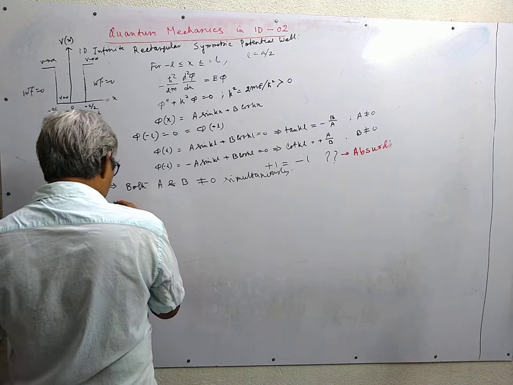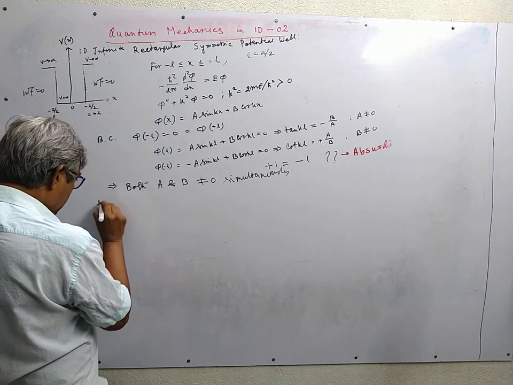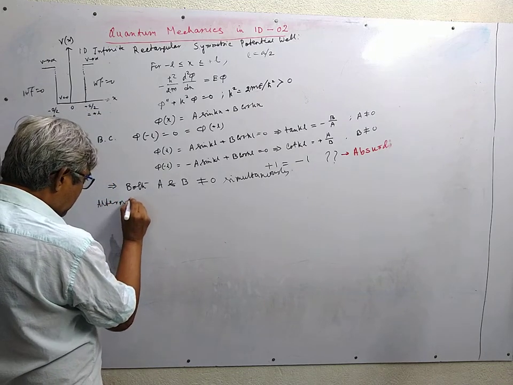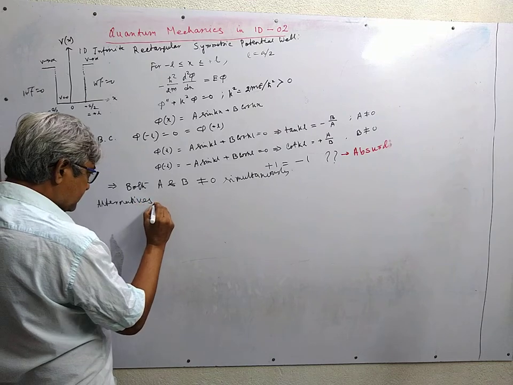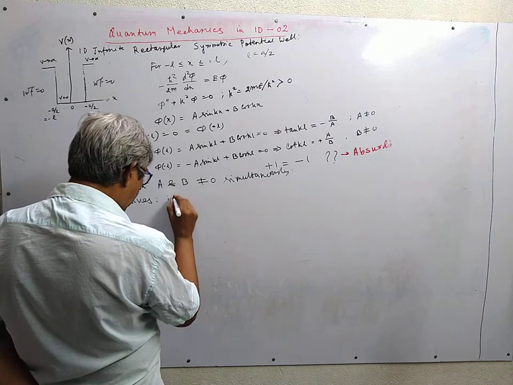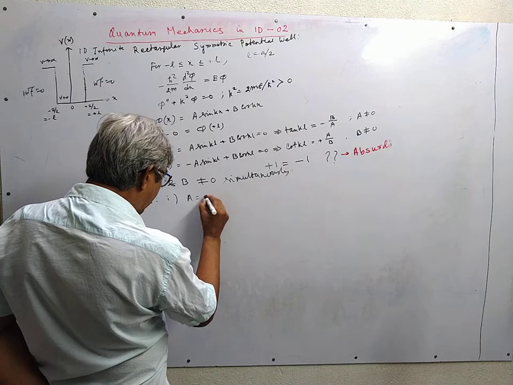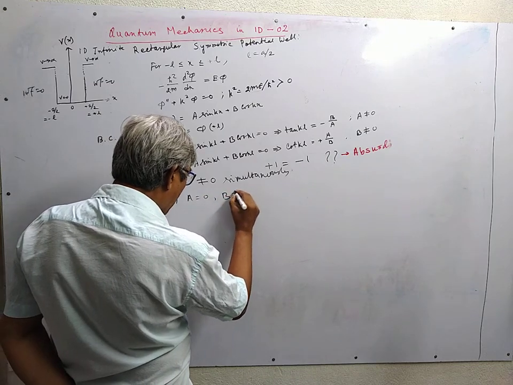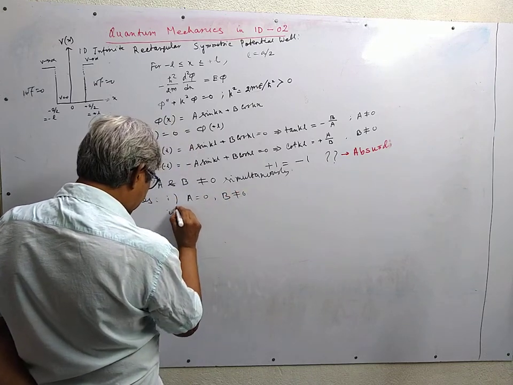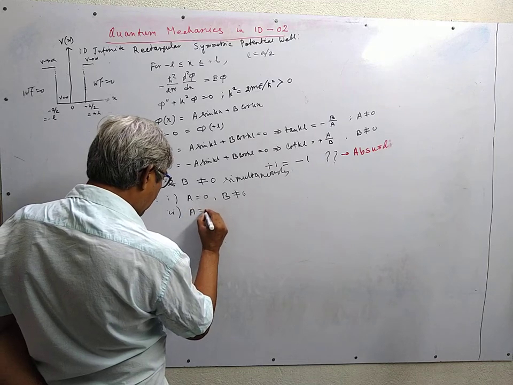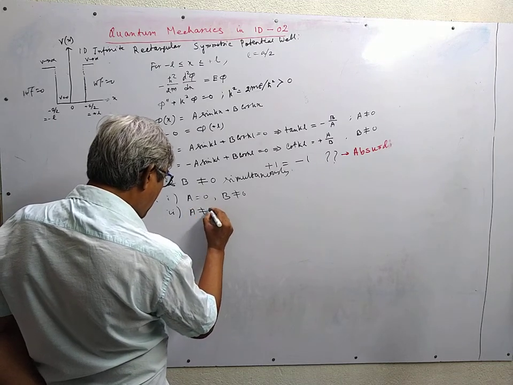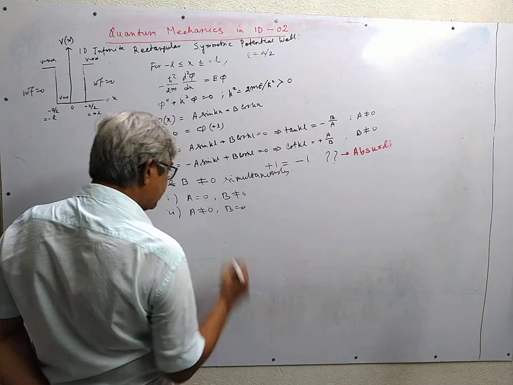So the alternatives are one is A equal to 0, B not equal to 0, and second is A not equal to 0 and B is equal to 0.